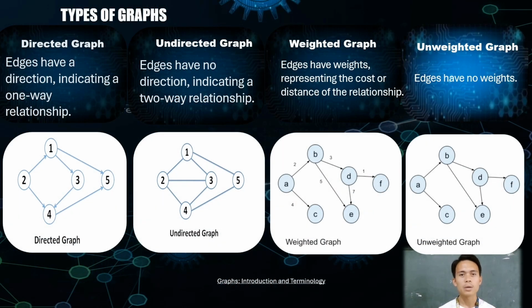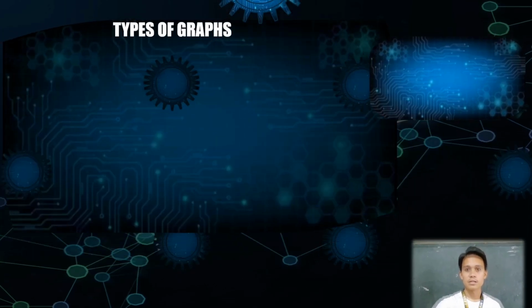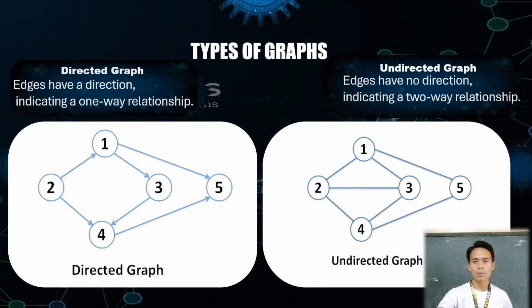So now we have the types of graph. First, directed graph, undirected graph, weighted graph, and unweighted graph. The first type of graph is the directed graph.